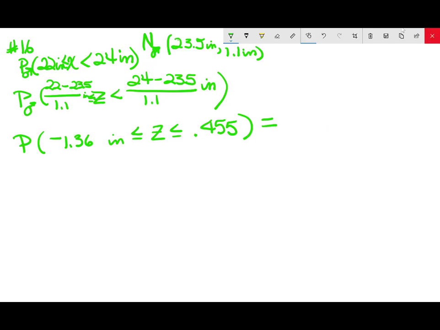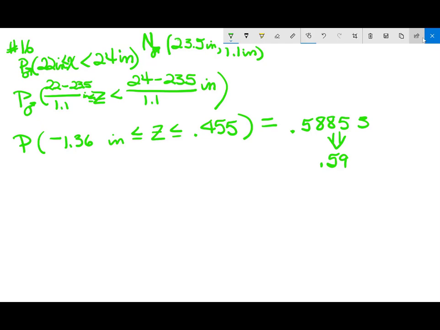My lower is going to be a negative 1.36, and my upper is still 0.455. Let me compute, and there I get my probability is 0.58853. I'll take it to the hundredths, so that would round to 0.59.